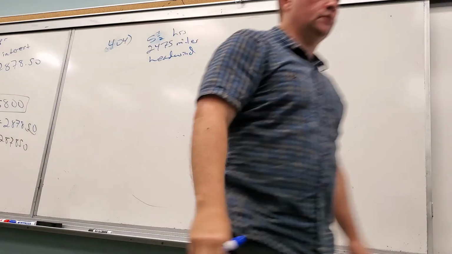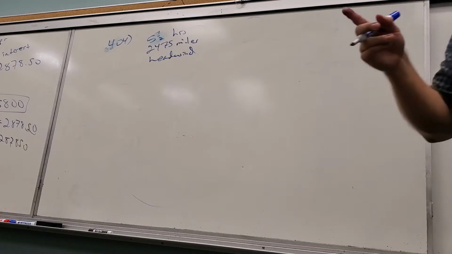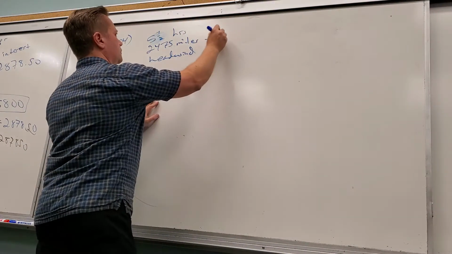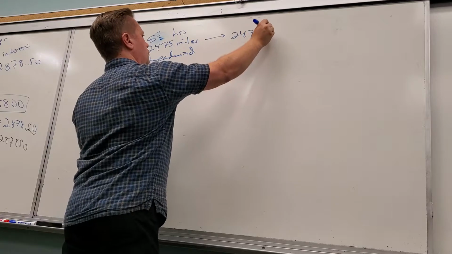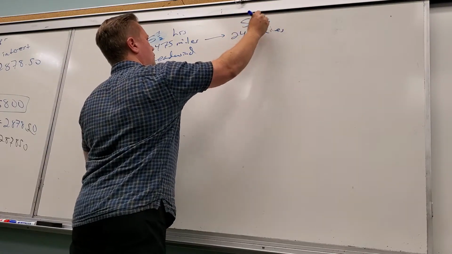And then to go the same distance with a tailwind, it takes 5 hours. So it's 2475 miles, 5 hours with the tailwind.